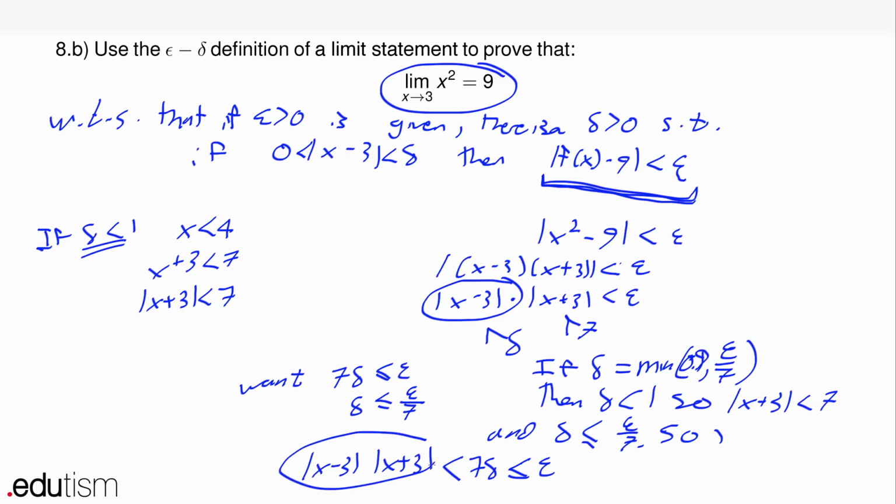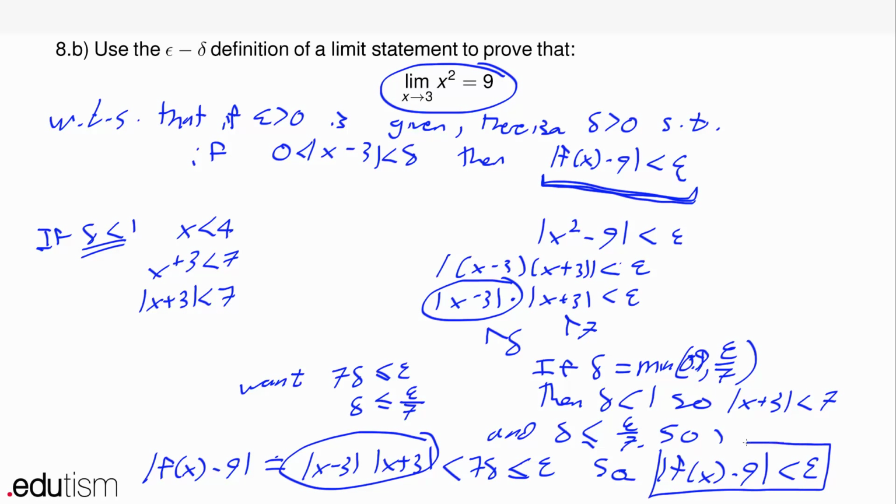So therefore, this whole thing is less than or equal to epsilon. And this whole thing is just an expanded version of f of x minus 9. So this statement is true, so the absolute value of f of x minus 9 is in fact smaller than epsilon.